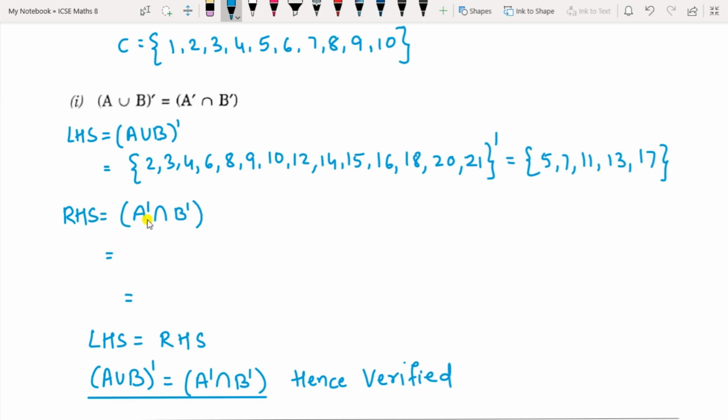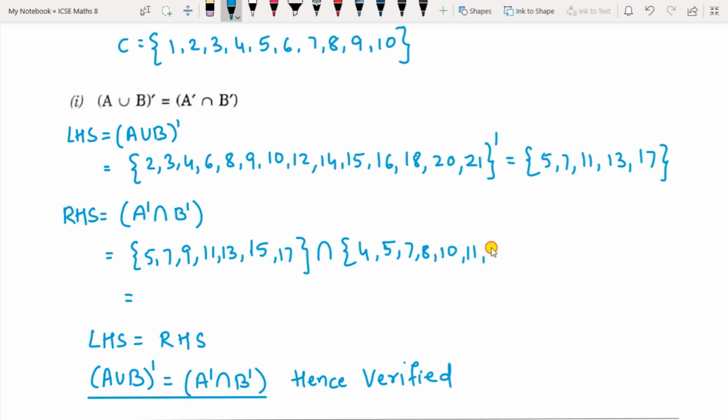Now single complements, A complement will be here 5, 7, 9, 11, 13, 15 and 17. This is A complement. Its intersection will be with B complement, which will be 4, 5, 7, 8, 10, 11, 13, 14, 16 and 17.